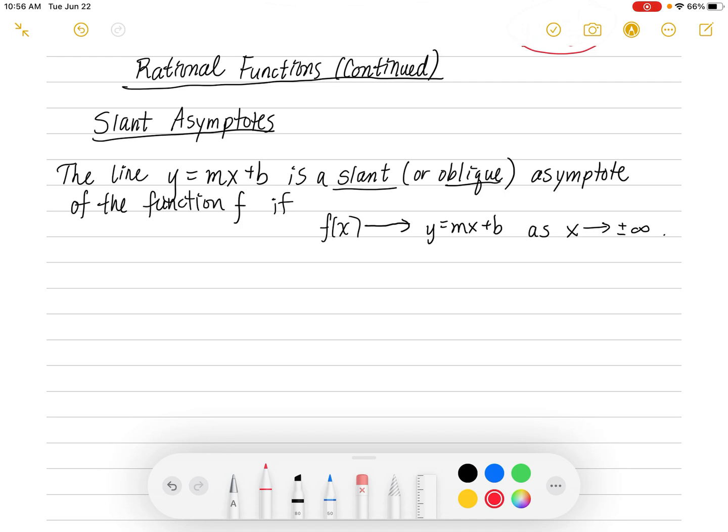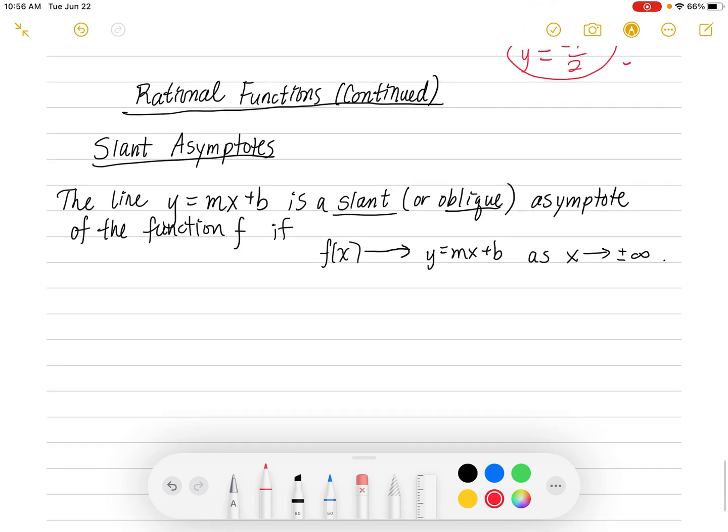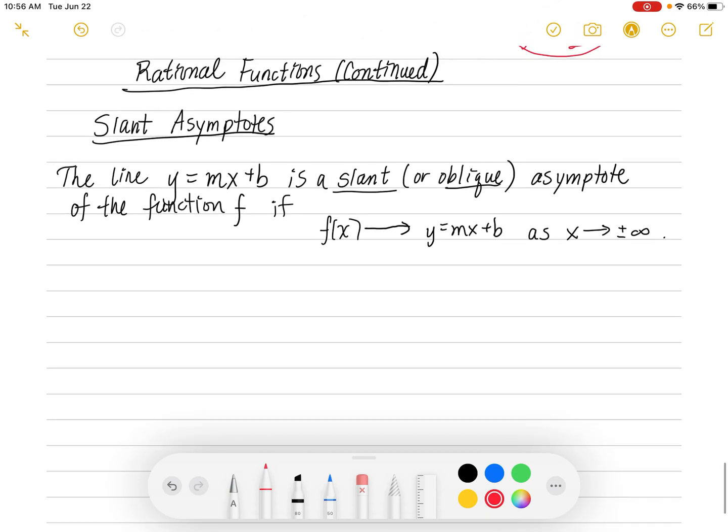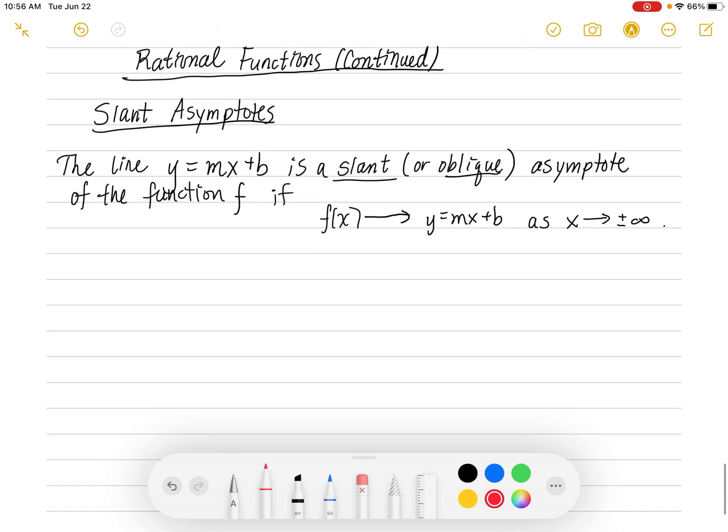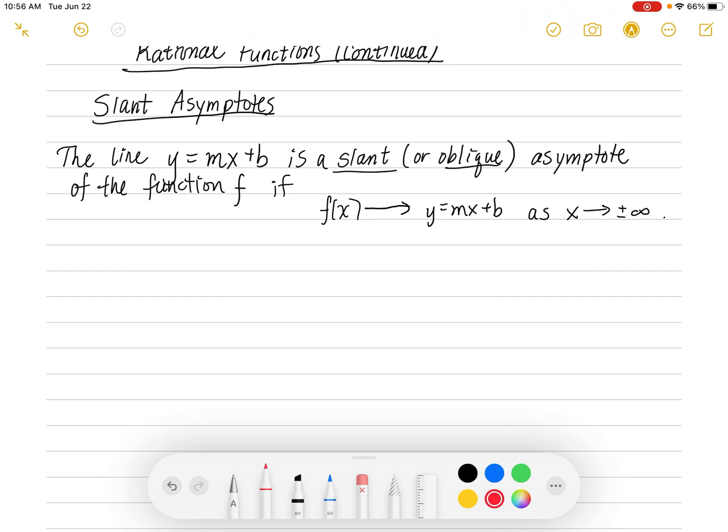So in that third case, sometimes when you don't have a horizontal asymptote, you have something called a slant asymptote, possibly. We haven't talked about slant asymptotes, so we want to introduce them here. So what is a slant asymptote? Sometimes it's also called an oblique asymptote. Slant asymptote and oblique asymptote are the same thing, same meaning.